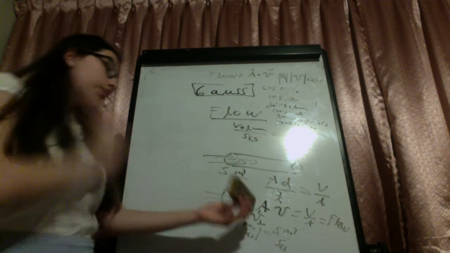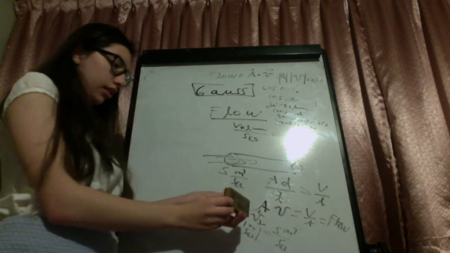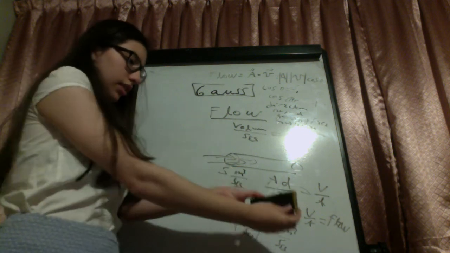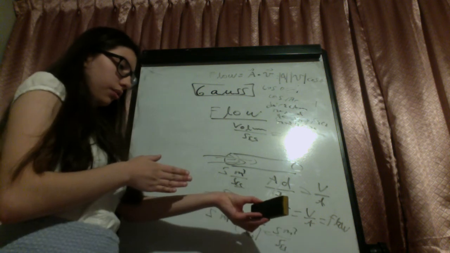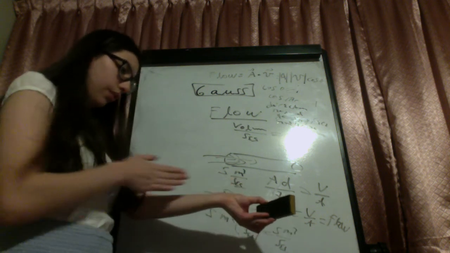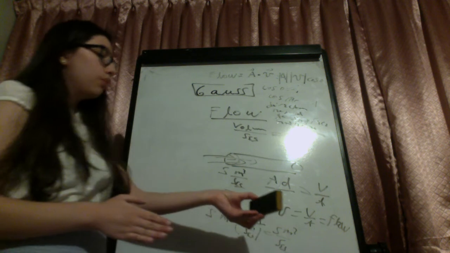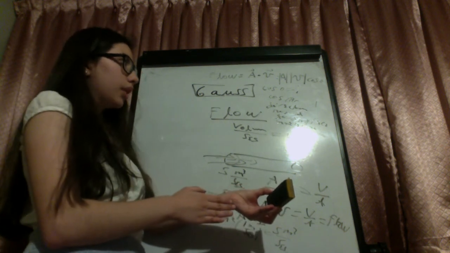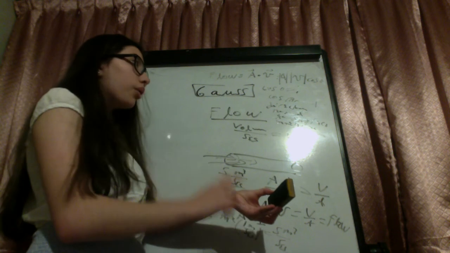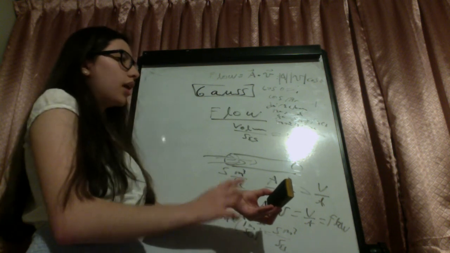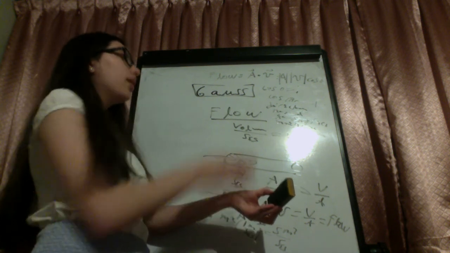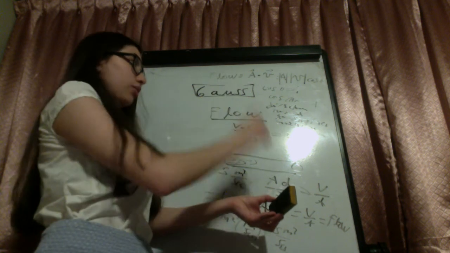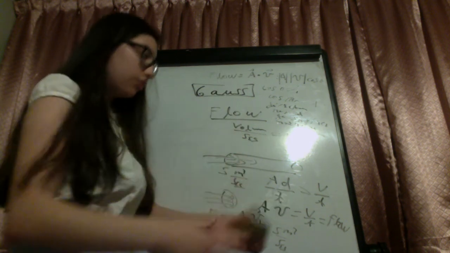Now when I have the inclination, for example this inclination, the flow is not in this direction, the flow is in this direction. So I just care about the component that is perpendicular to the cross-sectional area, or the component that is parallel to the area vector, because the area vector is normal to the cross-sectional area.